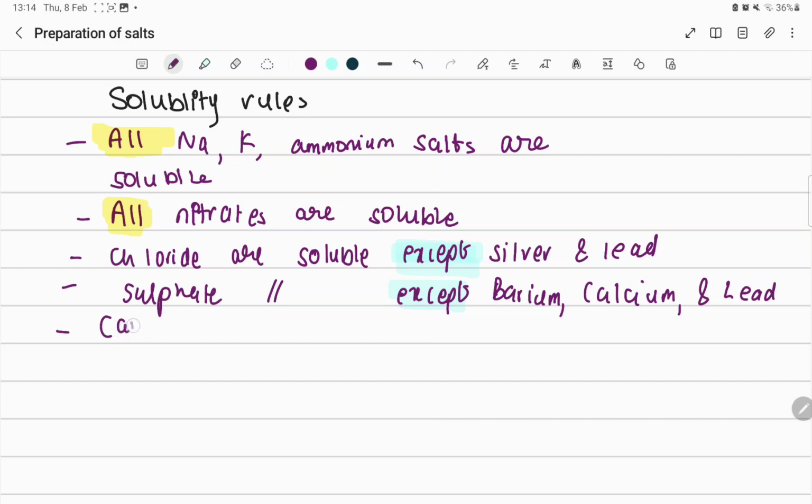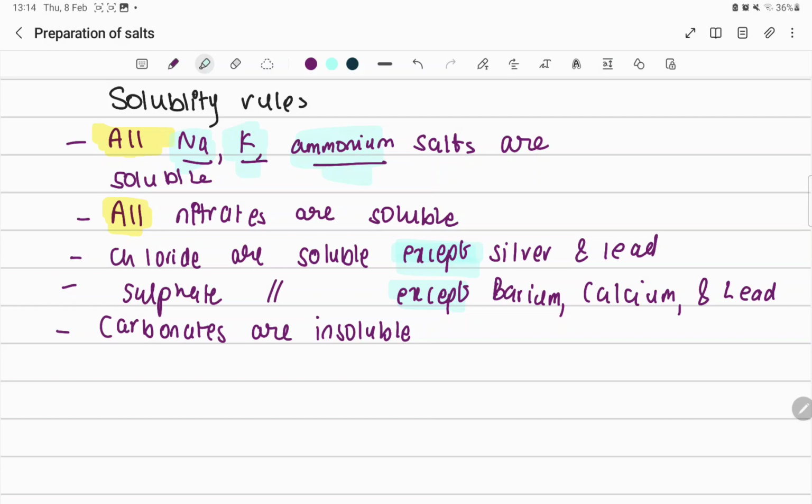Carbonates are insoluble with the exception of sodium, potassium, and ammonium. Now, that makes sense because you already know that all salts with sodium, potassium, and ammonium are soluble. So, considering carbonates are insoluble, there will be the exception of those that are always soluble anyways. So, other than the ones that are usually soluble, the carbonates are insoluble.